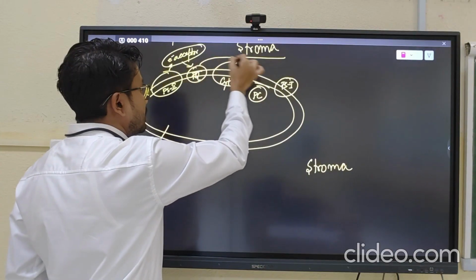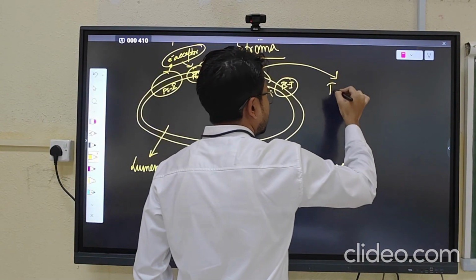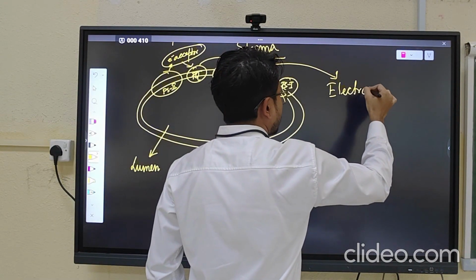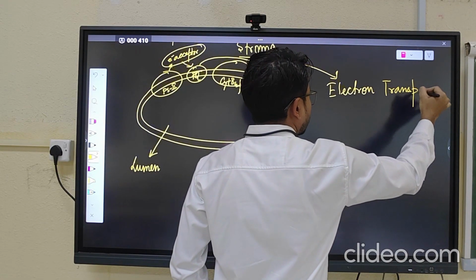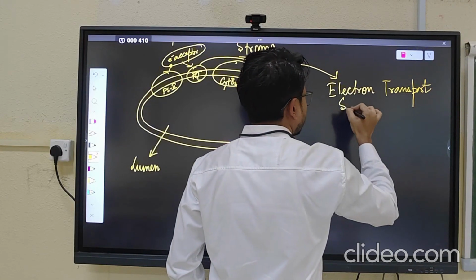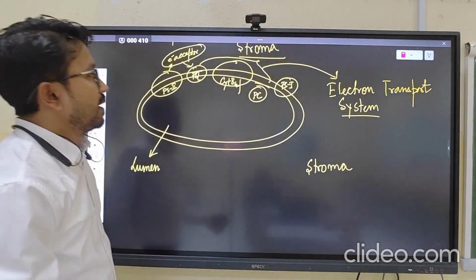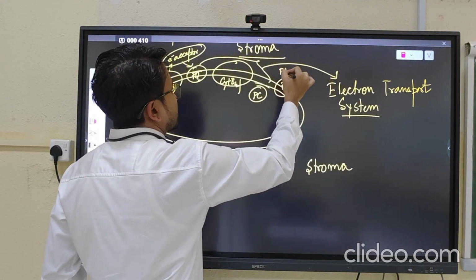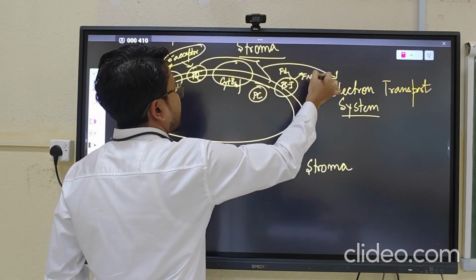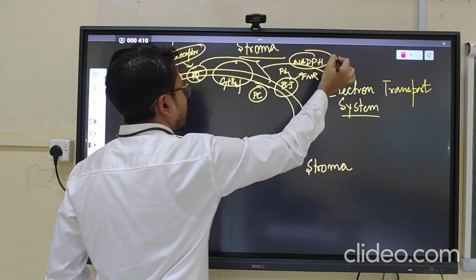Collectively, these are the molecules which you call the electron transport system. And finally, on this side there are other molecules associated, and they are responsible for the synthesis of NADPH.